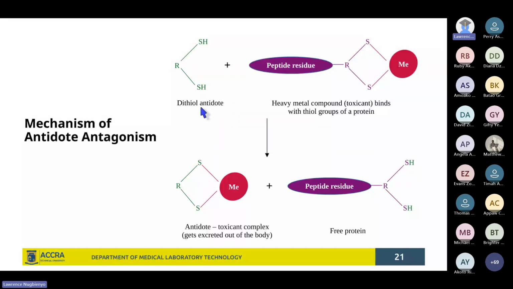And heavy metals, when they get into the body, intoxication from heavy metals, they go to bind to proteins.